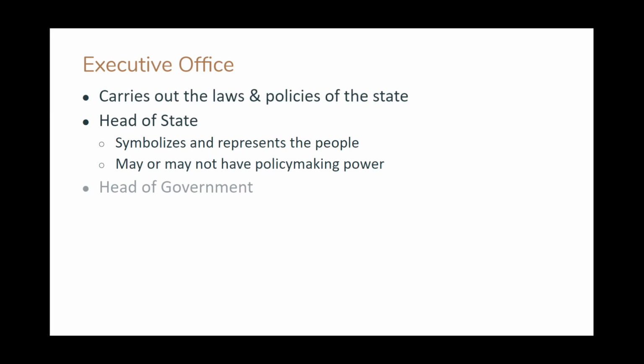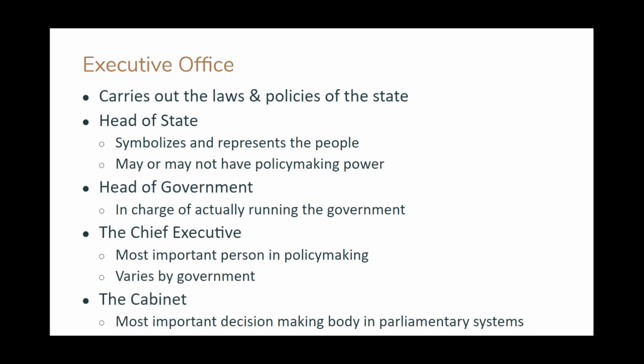All right, so let's think about the three branches individually and what exists within them. First, we're going to talk about the executive branch. The executive branch carries out the laws and policies of the state. When we think of the executive branch in the United States, we often think of the president, who is the chief executive. It looks different in different countries, because in the United States the president is both the head of state and the head of government.